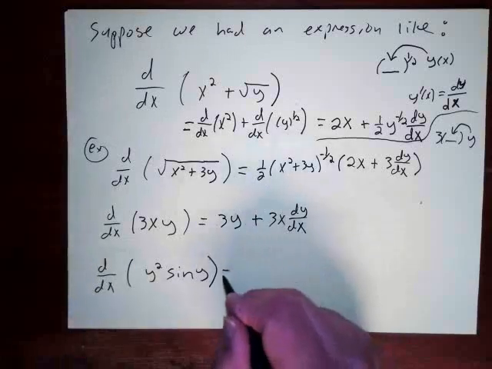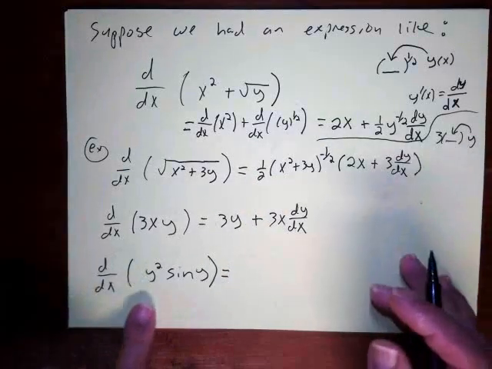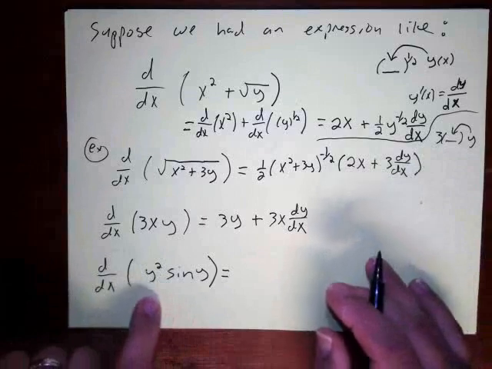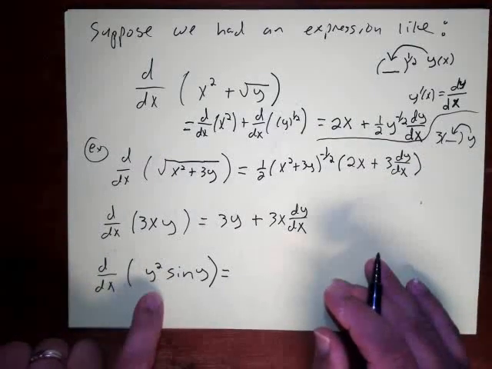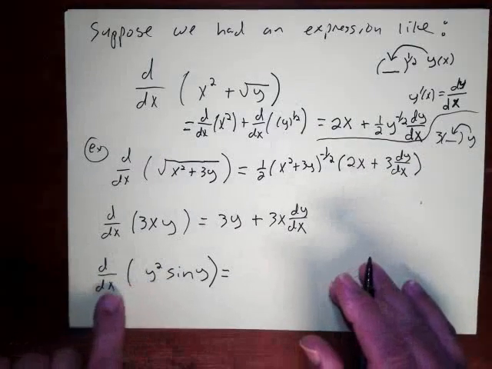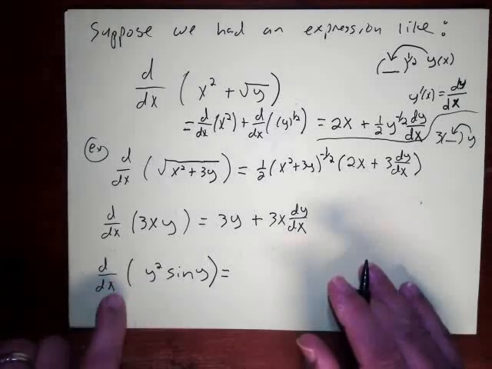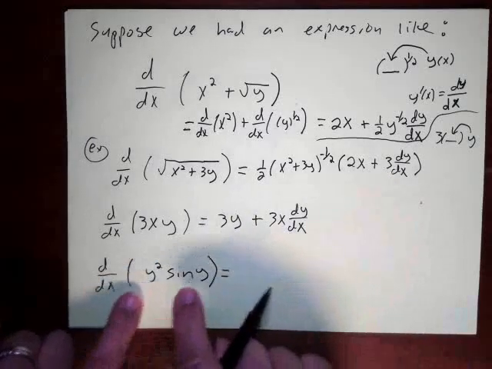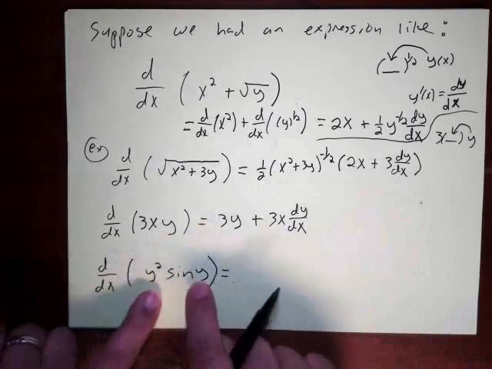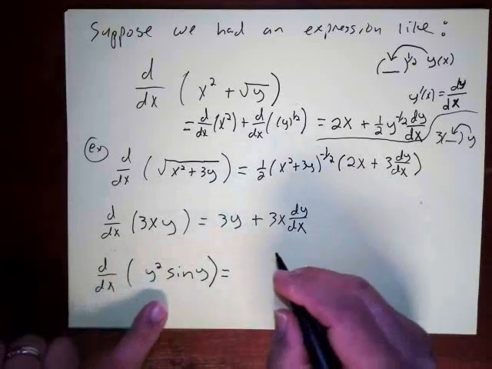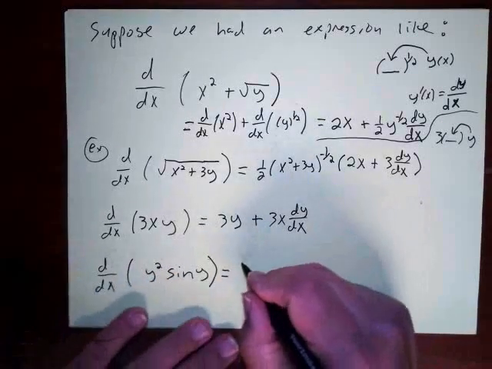So I'm using the product rule with y as an implicit function of x. Now here we don't even have an x, but we are going to consider y as an implicit function of x, and I'm going to take the derivative with respect to x. So I'm going to use a product rule, but both of these I have to think of as a chain rule. Let me just do the product rule first.